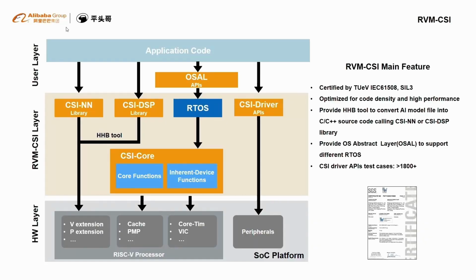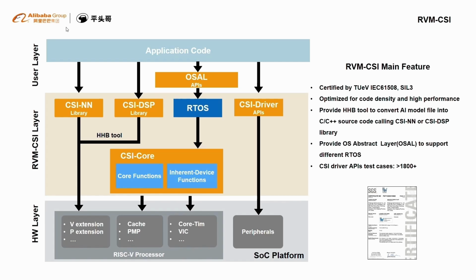RVM-CSI is a set of interfaces that encapsulates hardware capability and exposes hardware functions or services to middleware, then to the upper layer. It got certified by TÜV last year, which fulfills the requirements of functional safety according to IEC 61508-3.